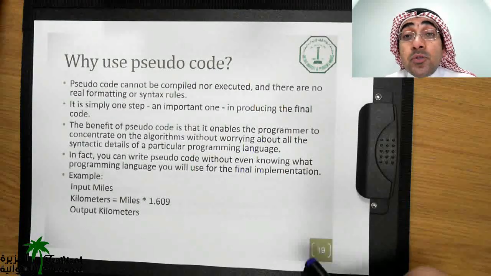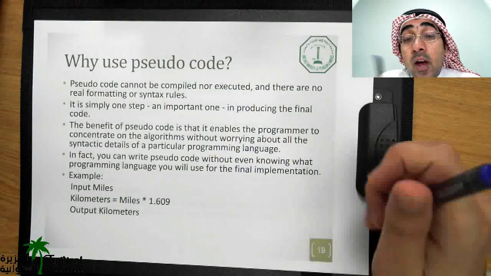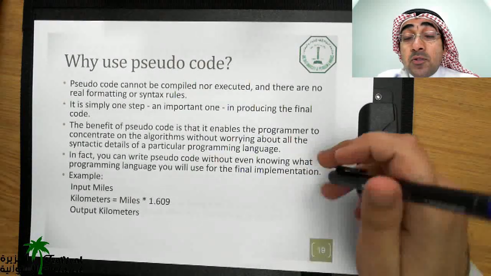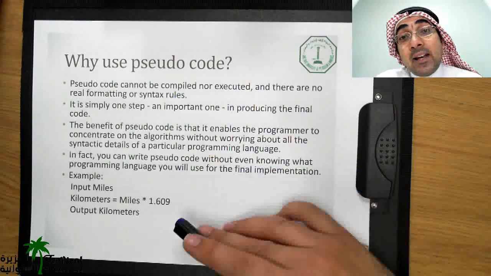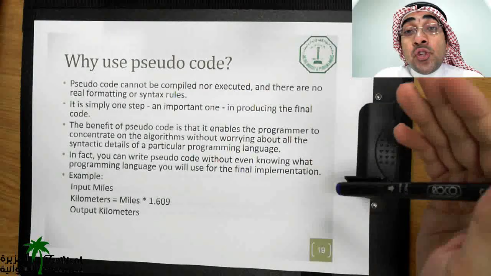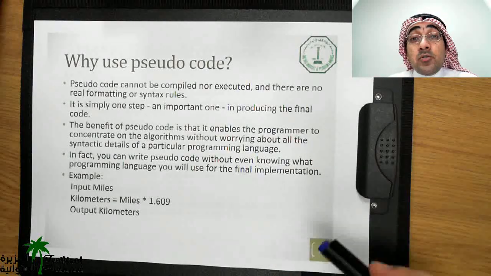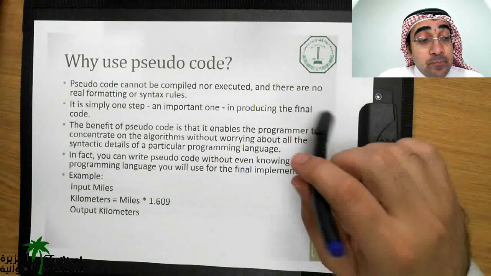If you write your algorithm in C, the other people will not understand it, because they do not understand the syntax of C. And if they write their code in Java and give it to you, you will not understand it because you only know C.